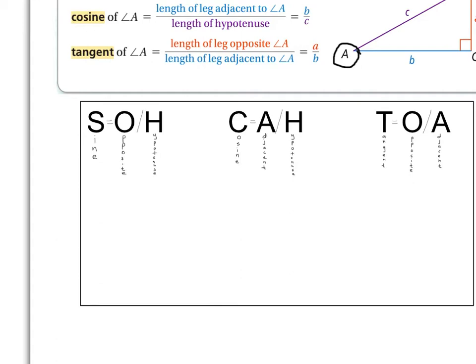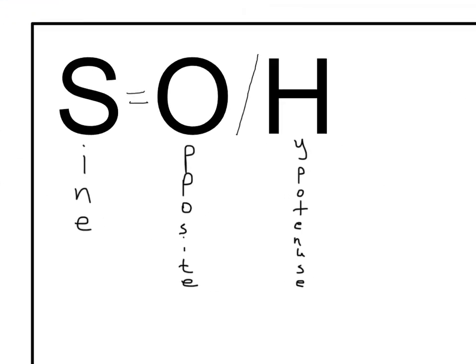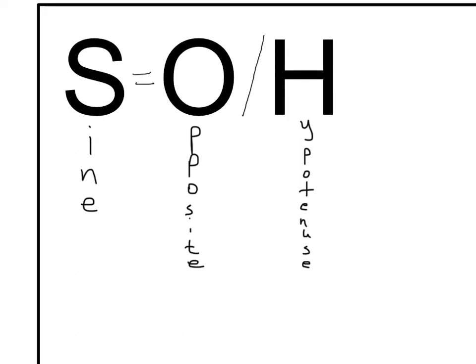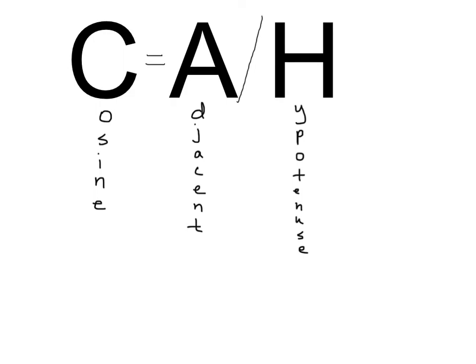SOH means that the sine equals the opposite divided by the hypotenuse. CAH means that the cosine is equal to the adjacent divided by the hypotenuse.